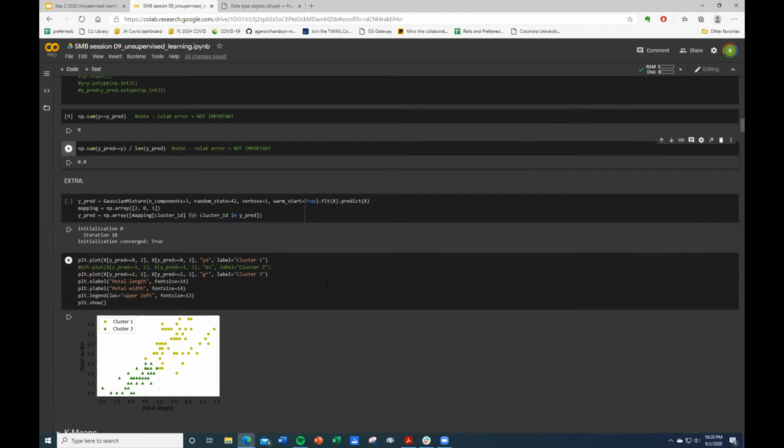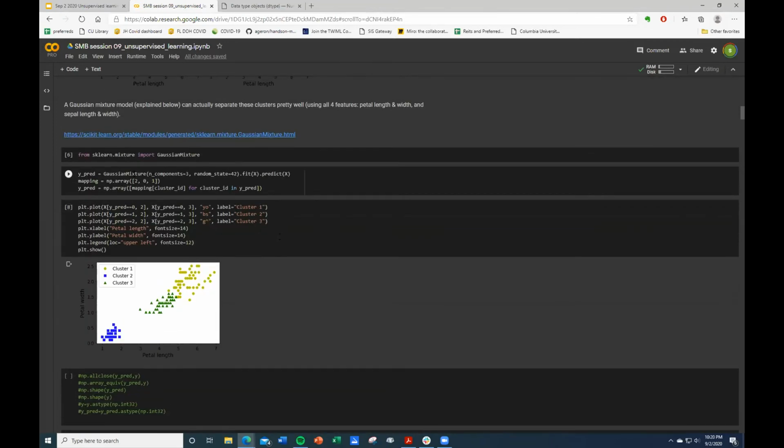So just for kicks, if we start changing things around with this Gaussian mixture, and if you go into scikit-learn, you'll start seeing that there are more parameters than just what's stated here. He labels the number of components, that's the number of clusters that you are expecting, and it gives you a random state, and we're chaining the fit and predict with it as we can in scikit-learn.